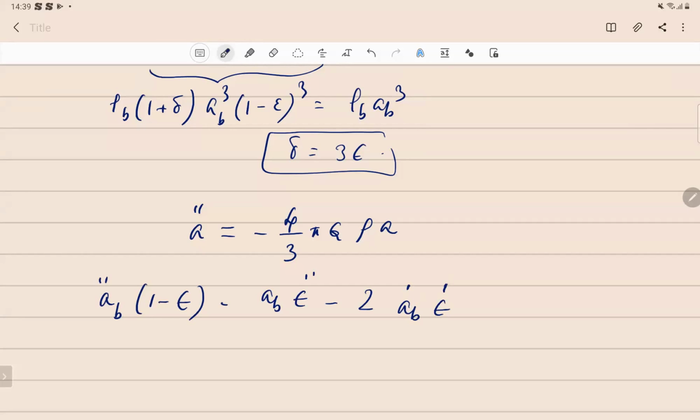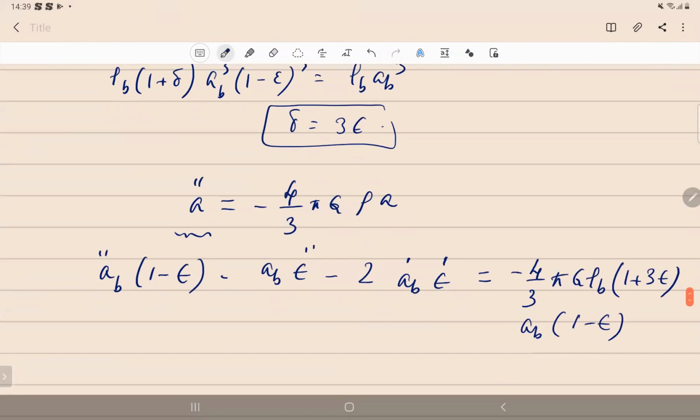That will come from the derivative of A. And on the right hand side, you would have minus 4 by 3 pi G rho background. Delta is 3 epsilon, so it's 1 plus 3 epsilon, times A background times 1 minus epsilon.